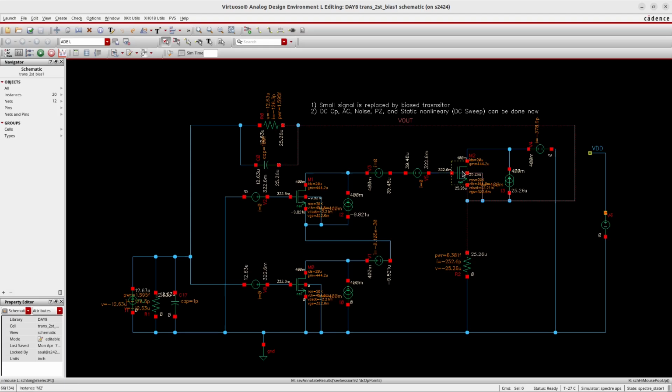So these are 20 microamps following this transistor, this transistor, this transistor, and the VDS has been set to 400 millivolts for all transistors. So we can see that it is basically accomplishing this requirement. And now our task is basically to start moving all these sources.